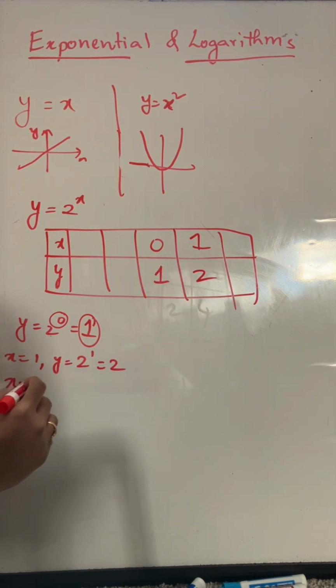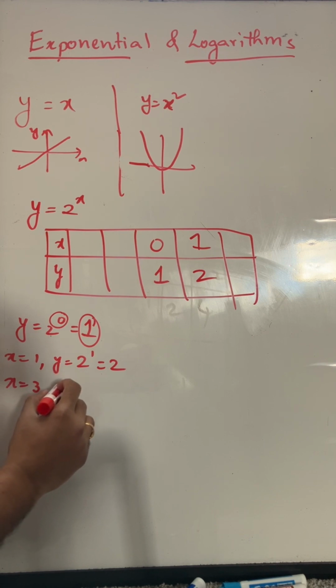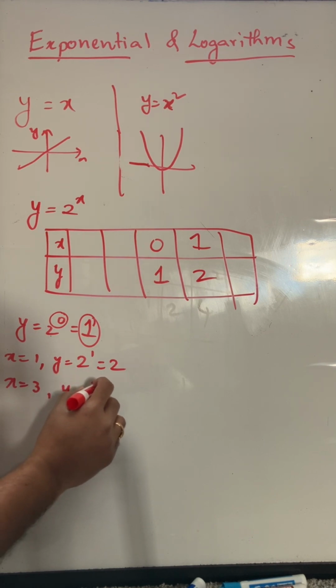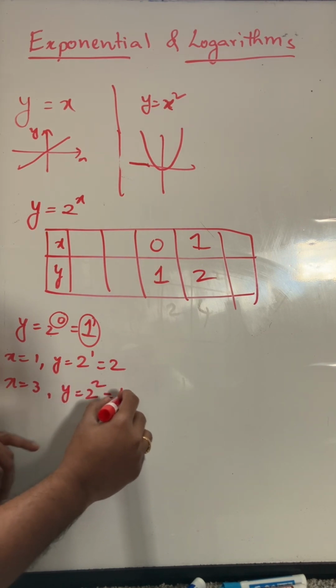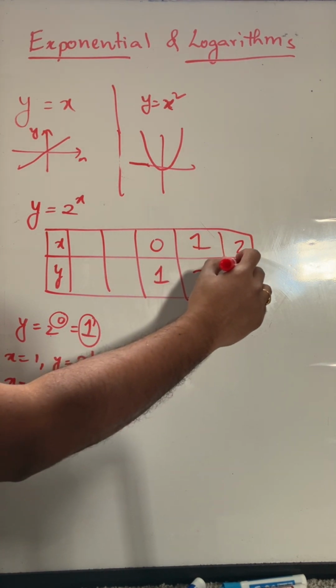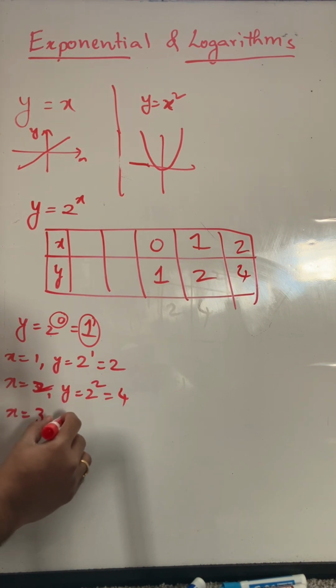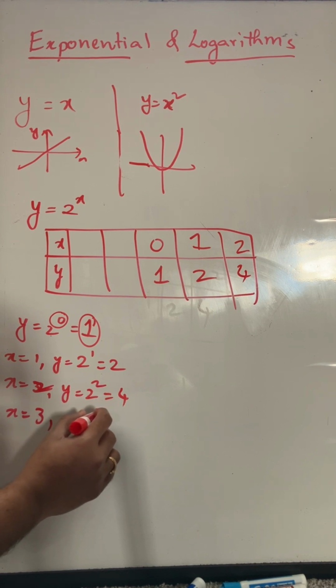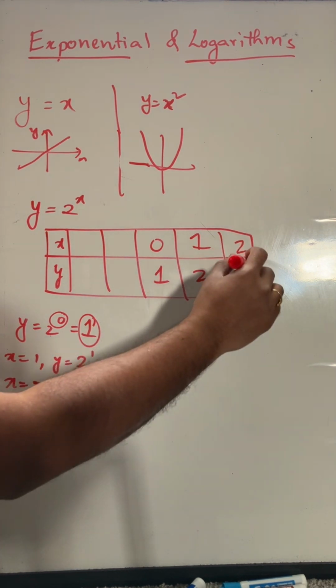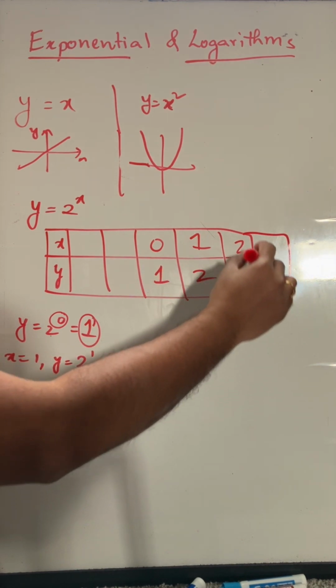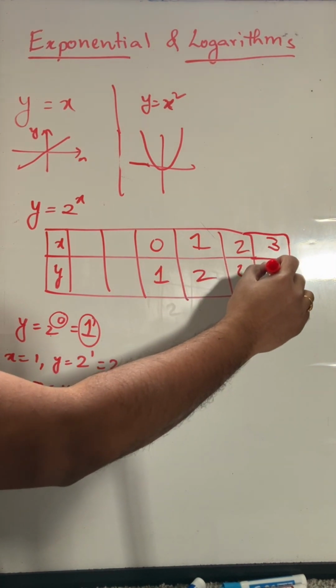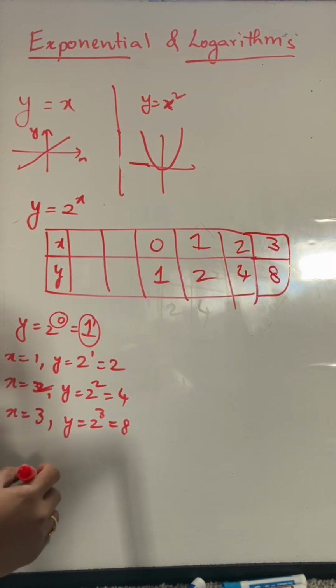When x equal to 2, then y equal to 2 square, that is equal to 4. Oh, this is 2, sorry. When x equal to 3, y equal to 2 cube, that is 8.